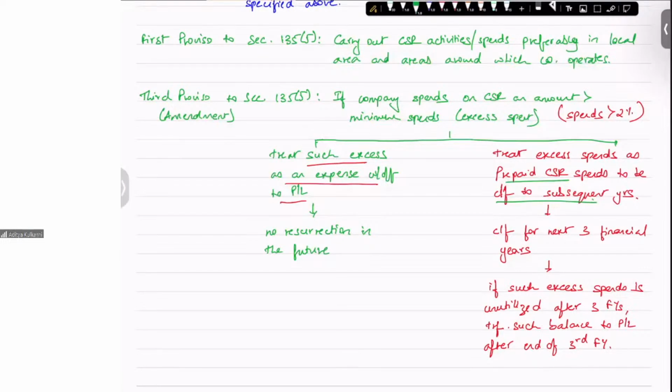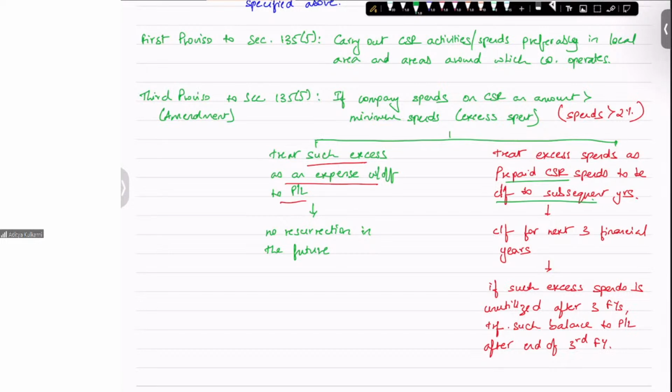Acha, in the first case, if I spend more than 2% and I wrote it off to the P&L, and after 2 years I wake up and say, yaar, maine 2 saal pehle, 2 years prior, I had spent more than 2%. Can I utilize that amount now? Answer is no. What you decide in the first year when you spend, that decision continues lifelong.